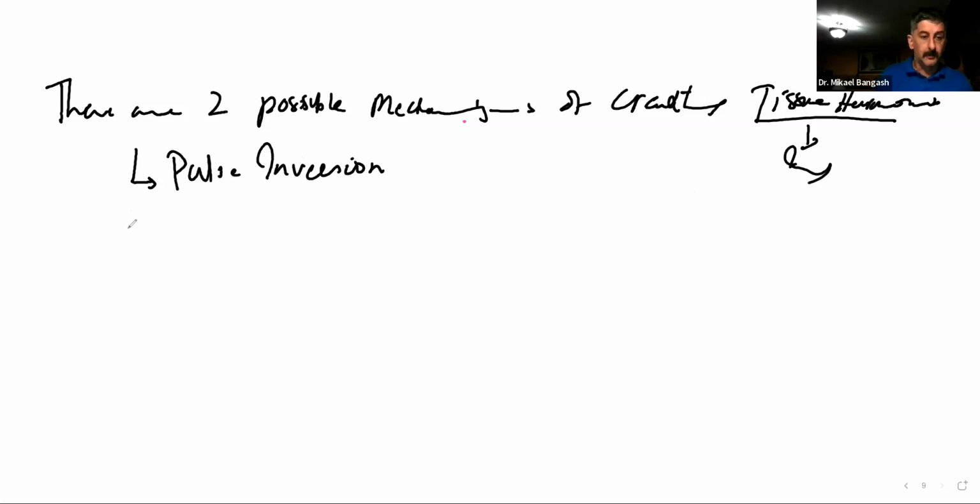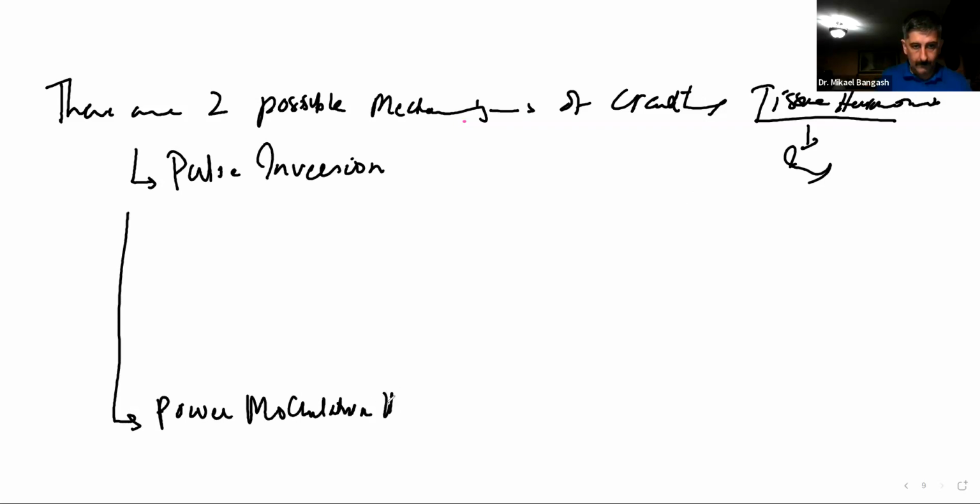The other one is going to be called power modulation harmonics. So these are the two mechanisms.